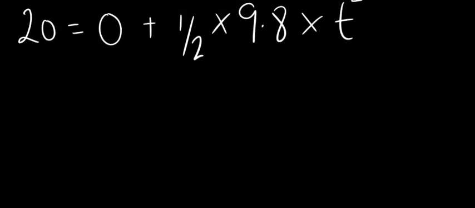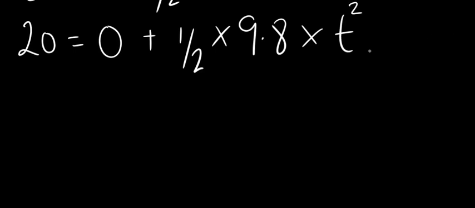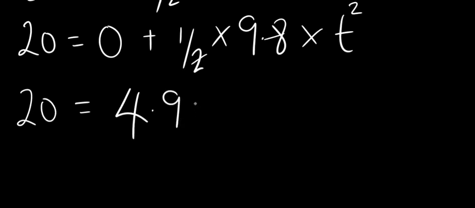So that means that 20 is equal to, this cancels this, it gives us 4.9. So 4.9 times t square, so we have 4.9 t square.